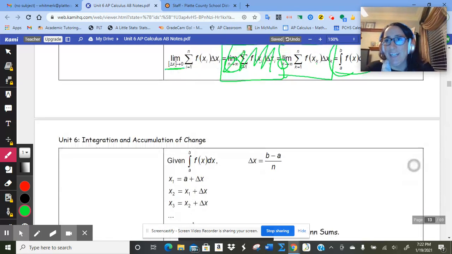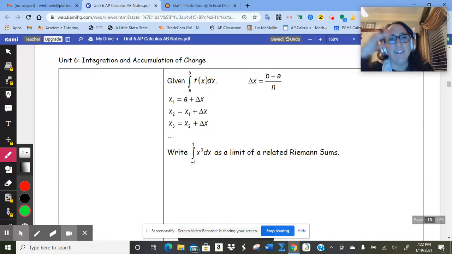So basically, we are dividing it up into n subintervals. I'm going to take this b minus a and divide by n. That's going to give me what my width is. This is what I always have to look at first, finding that width.